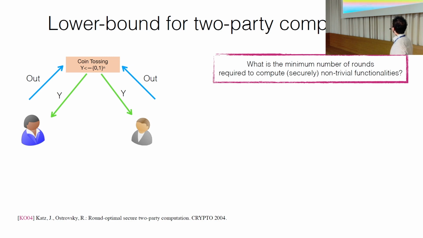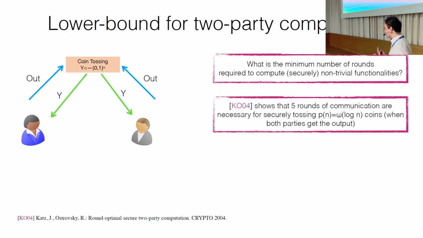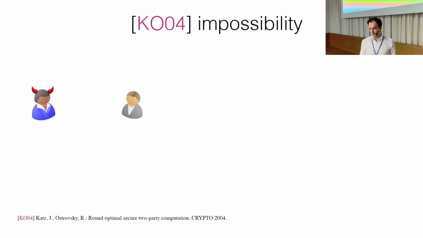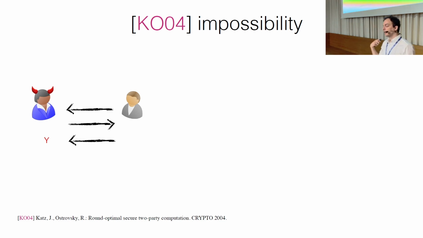And the question we ask is, what is the minimal number of interactions required to toss some number of coins that is more than log n? If you want to toss log n coins, that's easy. Just think for a second, and you see that it's trivial. What Ostrovsky, Garay, and coauthors proved in Crypto 2004 is that you need at least 5 rounds of interaction if you want both parties to recover the output.